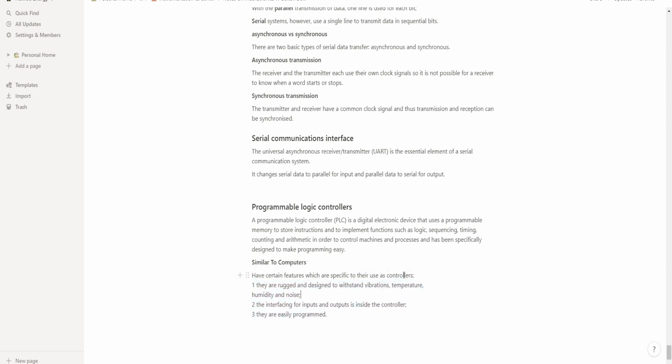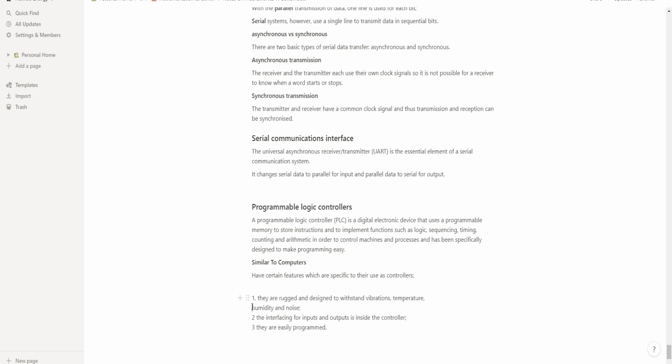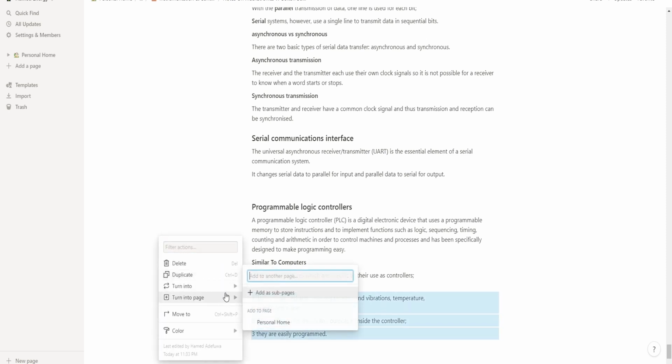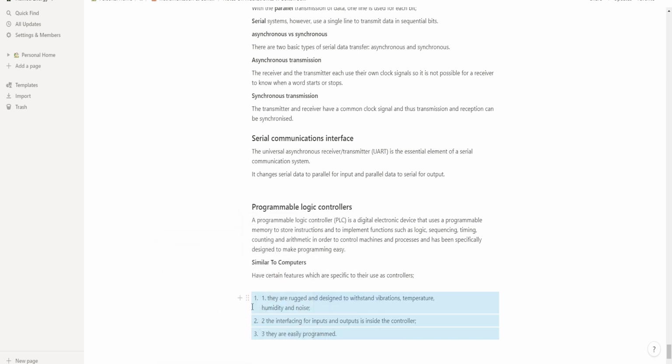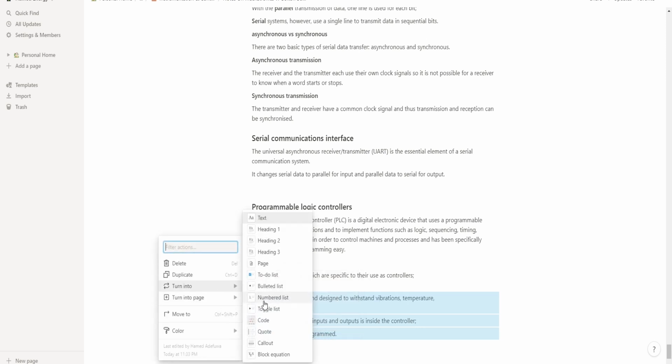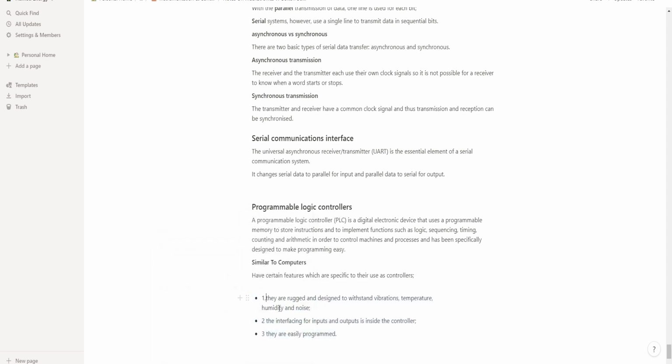Then, ugh, oh dear. Notion. I use Notion a fair bit, not enough. Oh my gosh, I'm being extra, I think. Turn into numbered list. What's that? Turn into bulleted list. Let's get rid of the numbers.